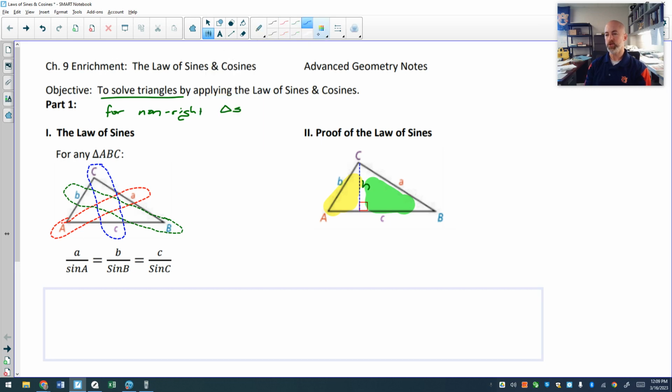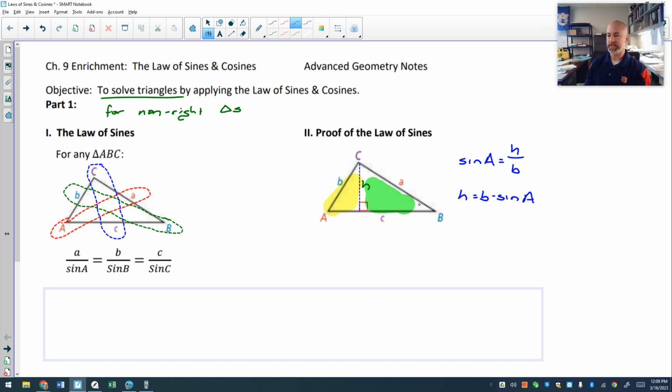In that yellow triangle, the sine of angle A would be the opposite side, h, over the hypotenuse b. I can multiply by b to find out that h is equal to b times the sine of angle A. I could do the same thing with the green triangle over here.